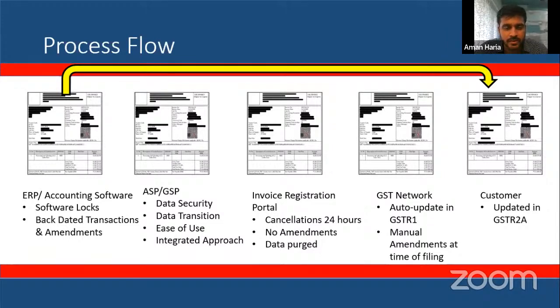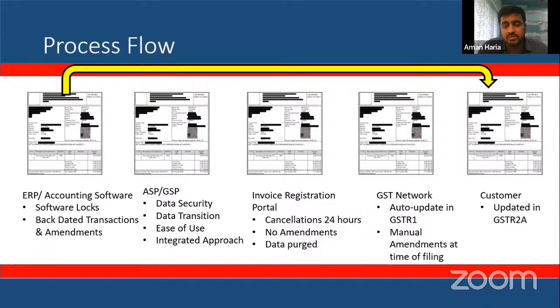Now, on the IRP portal, there is no option to amend, and hence we have to ensure that even your accounting or invoicing software also has such locks, wherein once the IRN is generated, there is no possibility to amend, delete or modify the invoice that is generated with IRN.